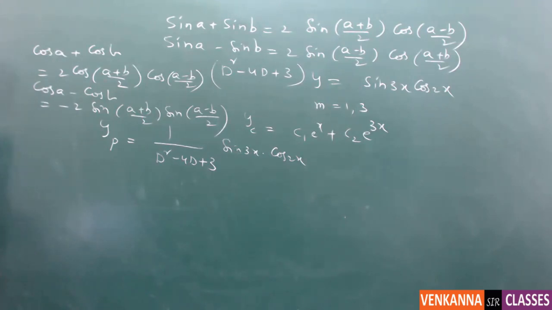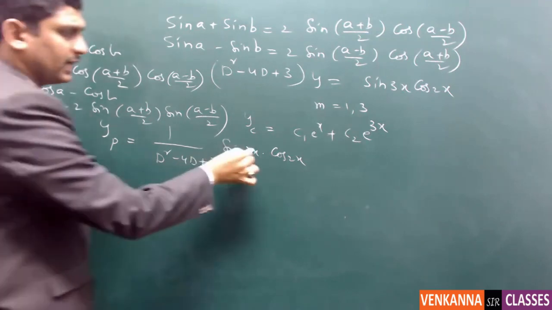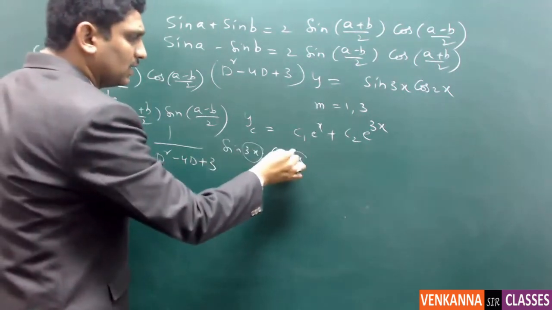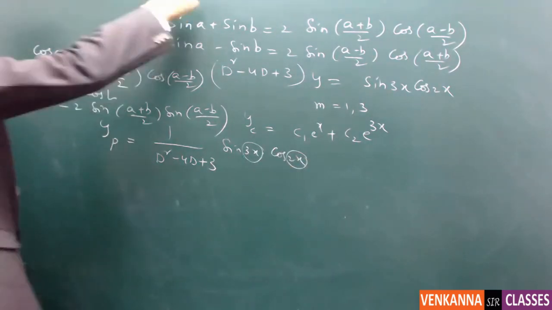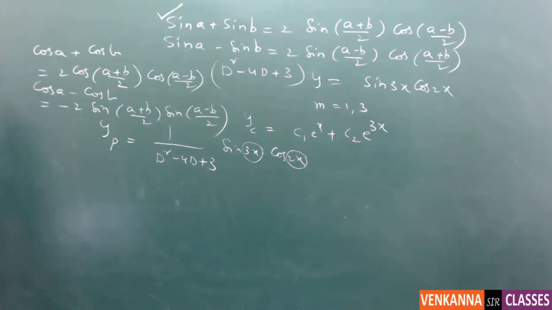Since here the sine coefficient is big and the cos coefficient is small, you are going to pick up the first formula: sin A plus sin B is equal to 2 sin (A plus B) by 2 cos (A minus B) by 2.